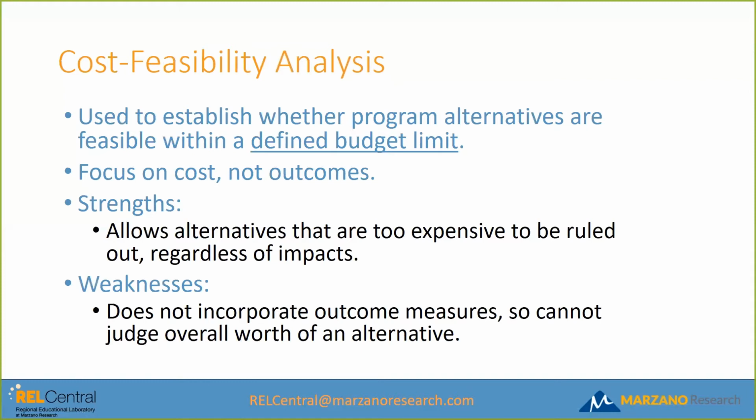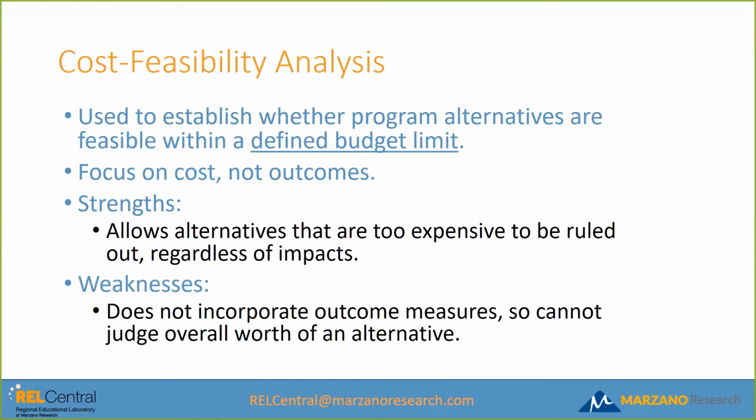So if you have a very hard budget limit, say $300,000, that you can't go over for purchasing some sort of intervention or program, then you could use cost feasibility to fairly straightforwardly eliminate any of the alternatives you're considering that may cost more. So for instance, if you're looking at 4 programs and 2 of those cost more than $300,000, one is $400,000, the other $600,000, then those 2 would be jettisoned based on your $300,000 cost limit criteria.